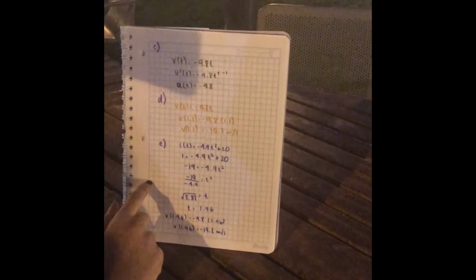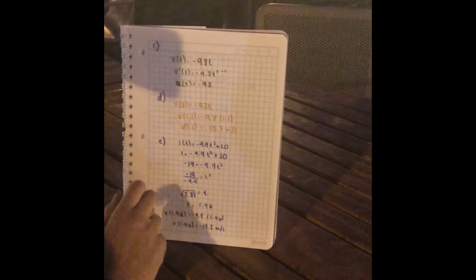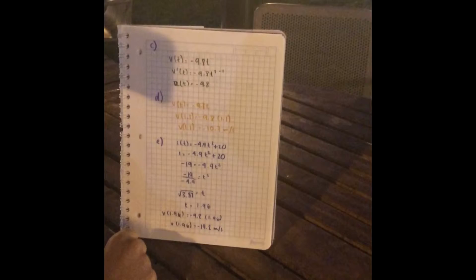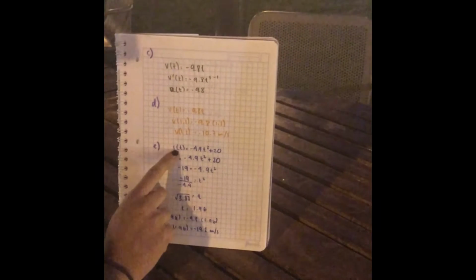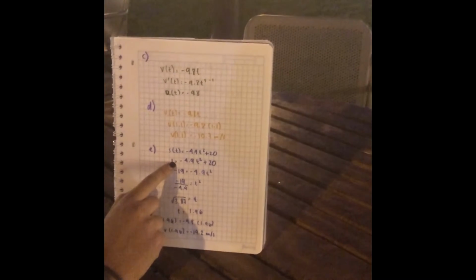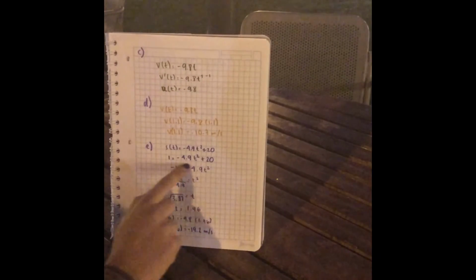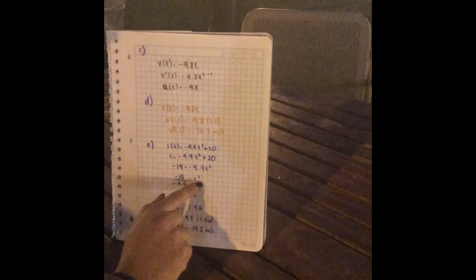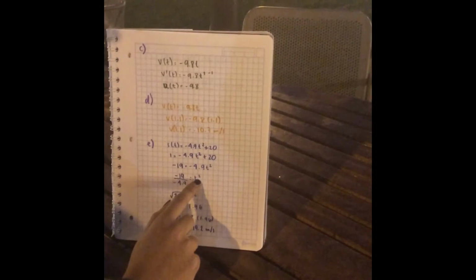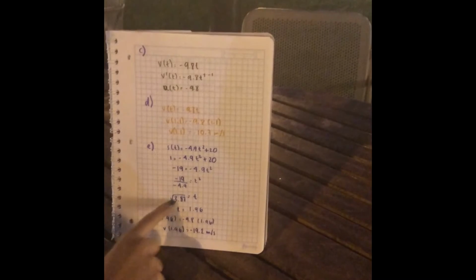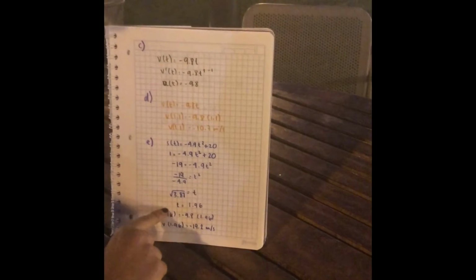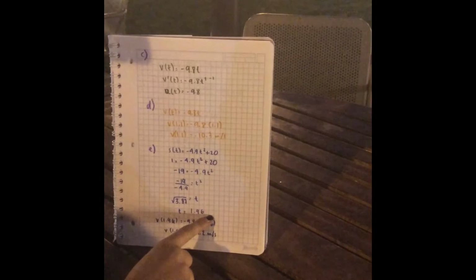In E, we were asked what is the velocity of the book when Mike catches it at a height of 1 meter from the ground. So in the position function, we substituted 1 meter and the values that we already know, and we isolated t squared to find time, and we found out that time was 1.96.